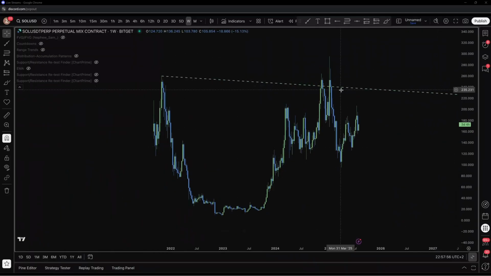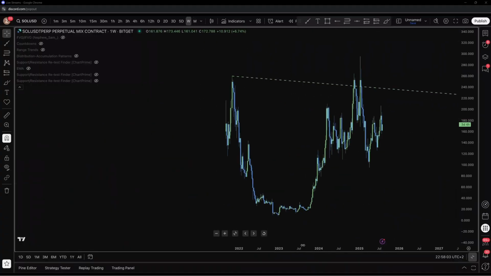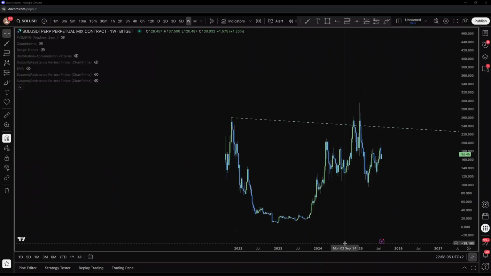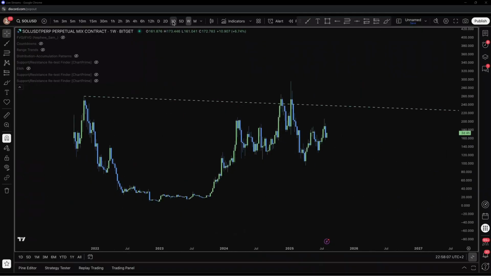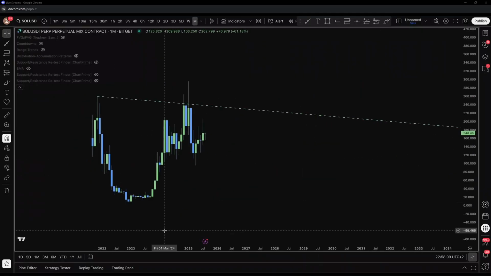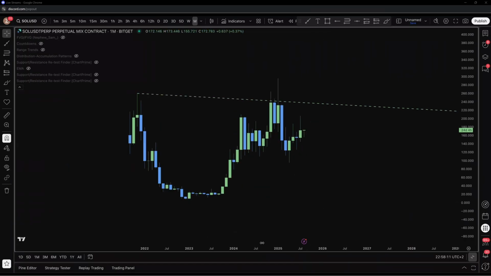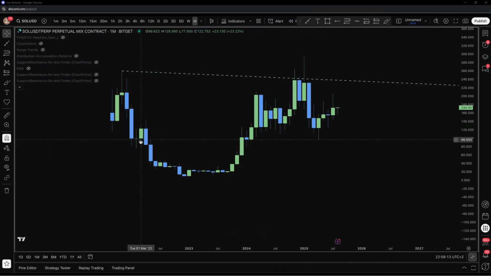I guess when we get to 90 degrees, we're going sideways, right? What does that look like on the monthly? I guess this is sideways. We're just moving sideways now on Solana.